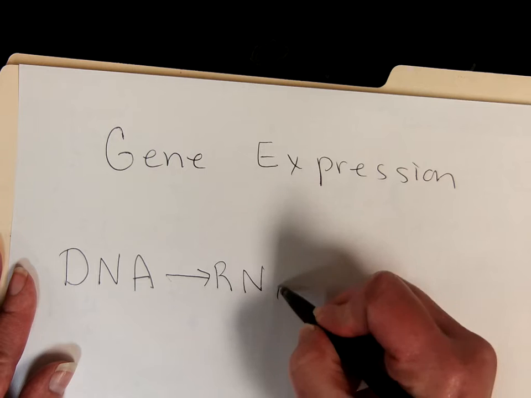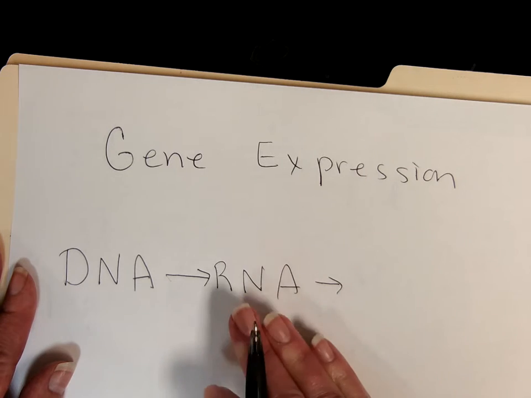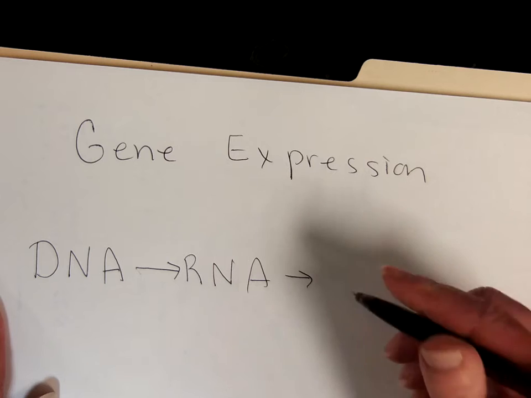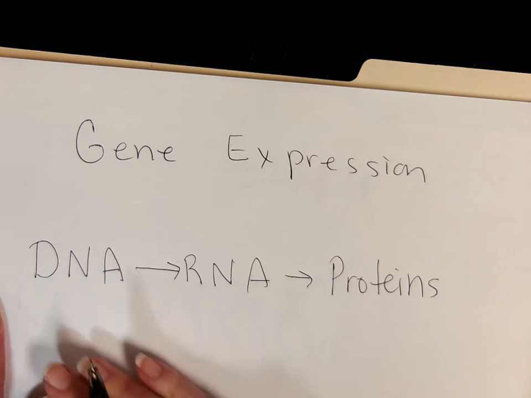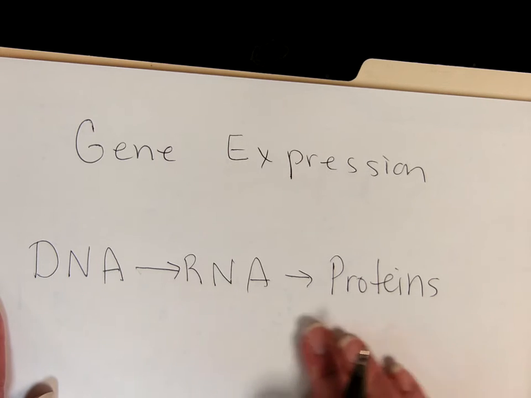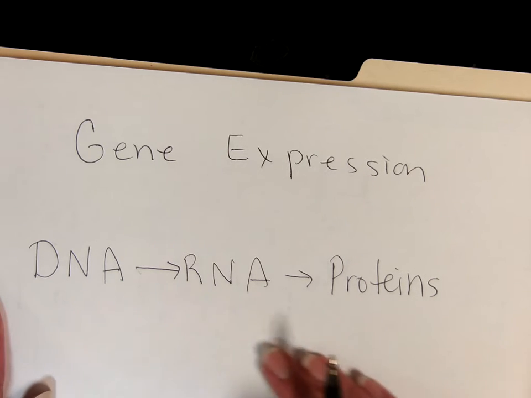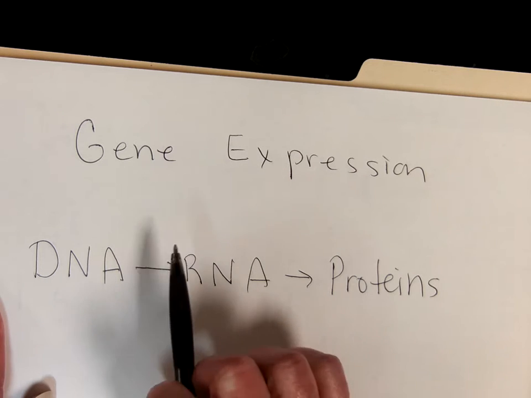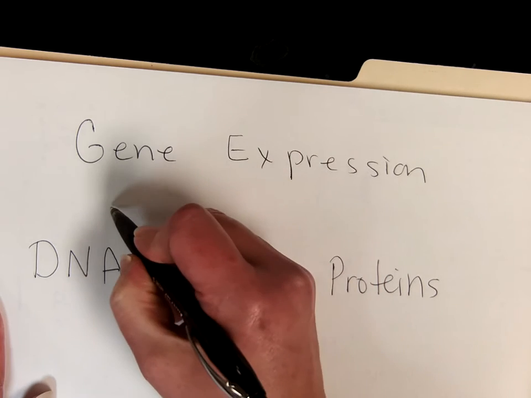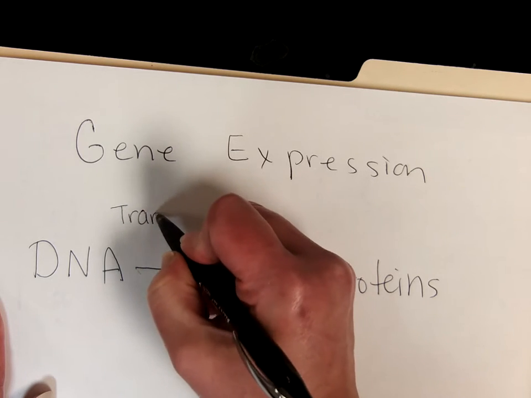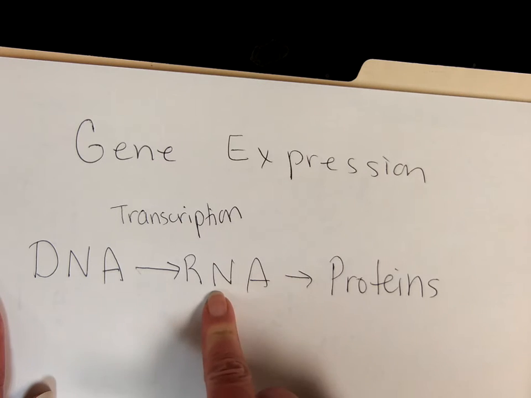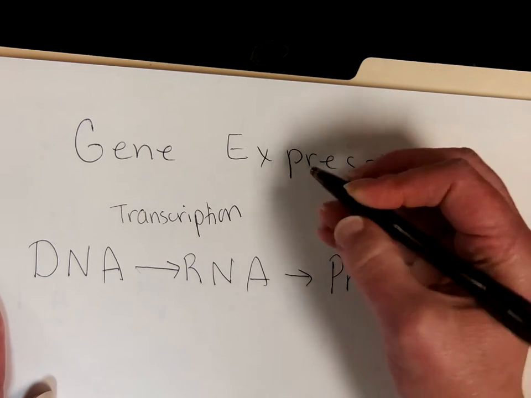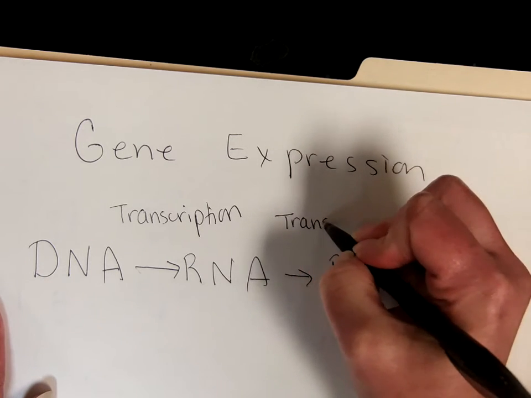It's going to be passed on to the RNA, and then ultimately it will be translated into your proteins. Don't forget that there are some processes that go along with this, so there's some terminology. RNA made from DNA is transcribing. The code on RNA becoming protein, that is translation.